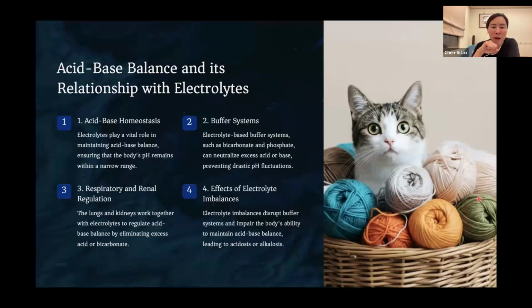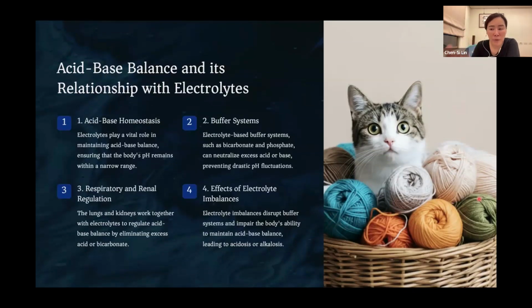So we will mention this electrolyte. Actually, they are important in our body fluid to maintain the normal osmolarity. For example, sodium is basically distributed within the extracellular fluid, such as plasma.